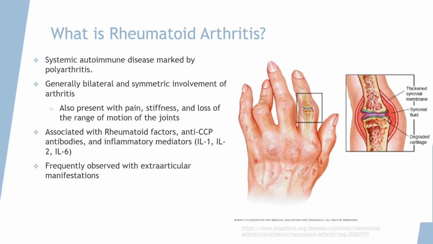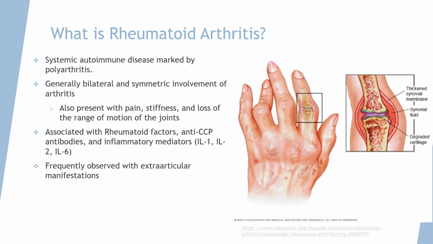Generally, when a patient has rheumatoid arthritis, on investigation they're associated with rheumatoid factor, or RF, and anti-CCP, or anti-cyclic citrullinated peptide antibodies, as well as inflammatory mediators IL-1, IL-2, and IL-6.